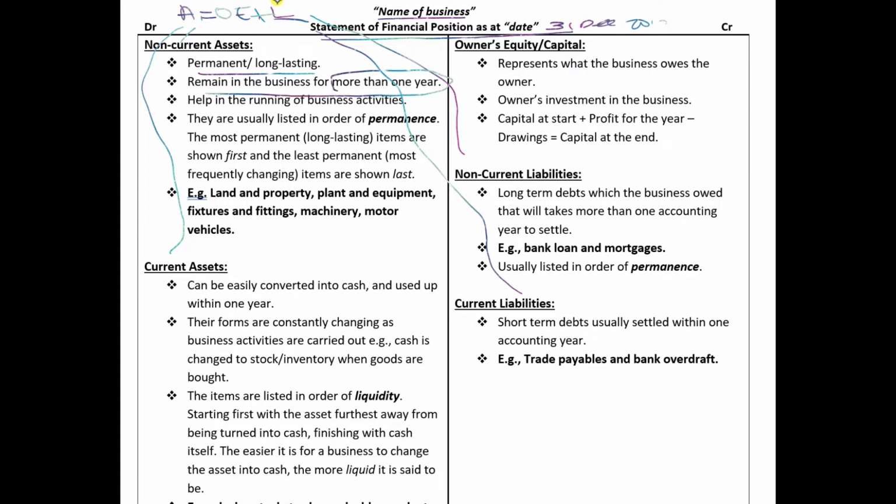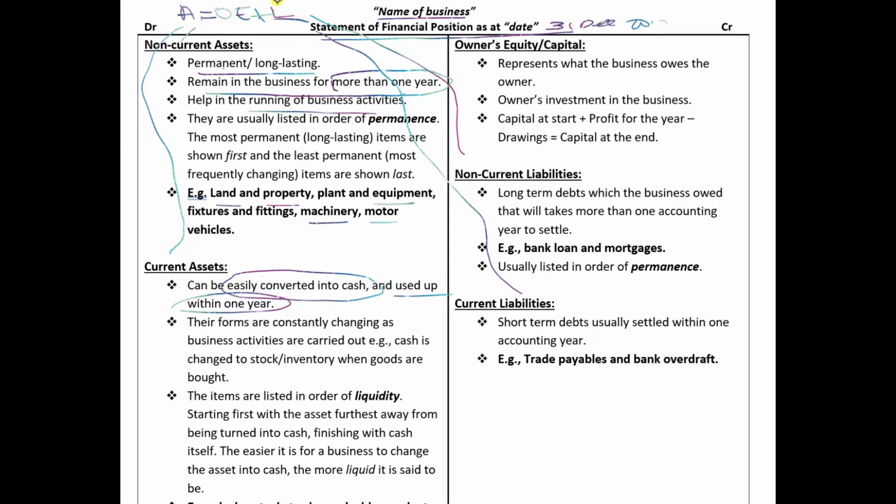Whereas, as opposed to that, current assets are normally used up within 1 year, less than 1 year, and current assets can be easily converted into cash. Non-current assets are permanent, more than 1 year, and they are used in the business, for example machinery, motor vehicles, equipment, land, and all that.